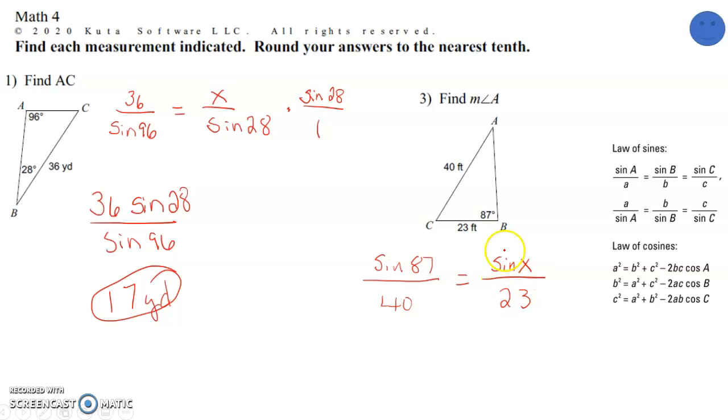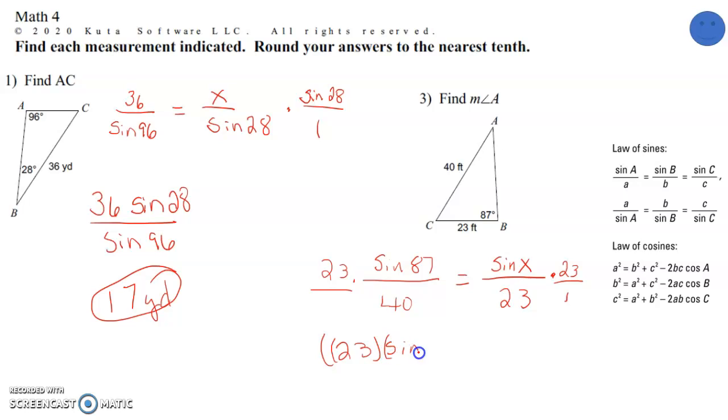Again, just like we did up here, we want to get rid of the denominator. So we're going to multiply by 23 over 1 times 23 over 1. That's going to give us 23, and this is how we're going to put it in decimals.